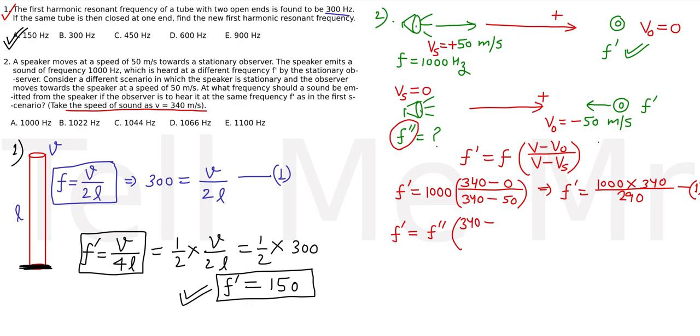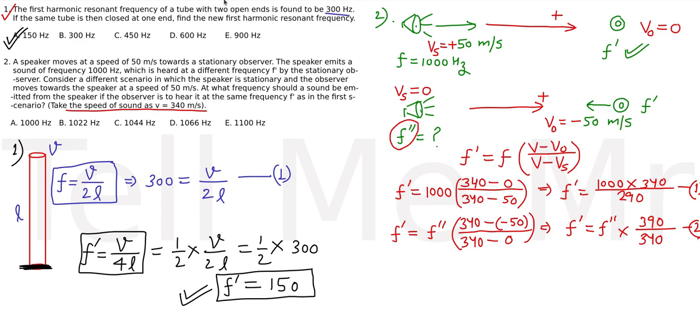In the second situation, Vo is minus 50, so we will put minus 50 here, divided by V minus Vs, and Vs in the second situation is 0 because the source or speaker is stationary. So from here you will write f prime is equal to f double prime multiplied by 340 plus 50, that will be 390, divided by 340 minus 0, that is 340.